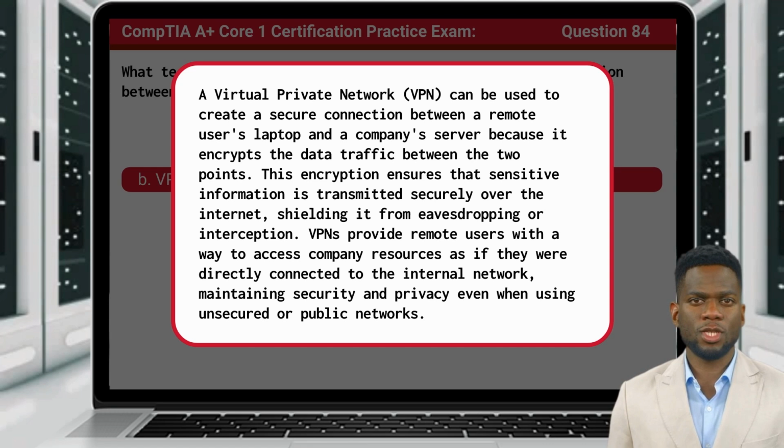This encryption ensures that sensitive information is transmitted securely over the internet, shielding it from eavesdropping or interception. VPNs provide remote users with a way to access company resources as if they were directly connected to the internal network, maintaining security and privacy even when using unsecured or public networks.